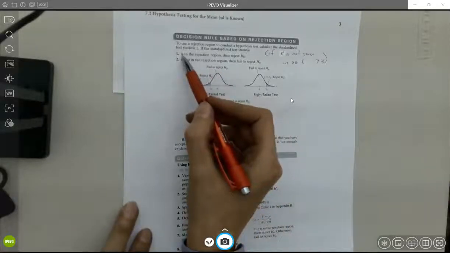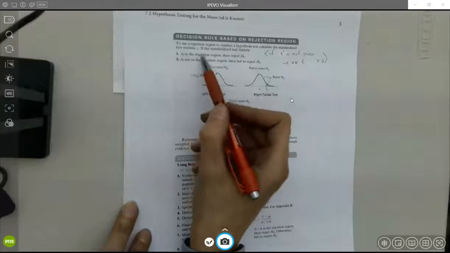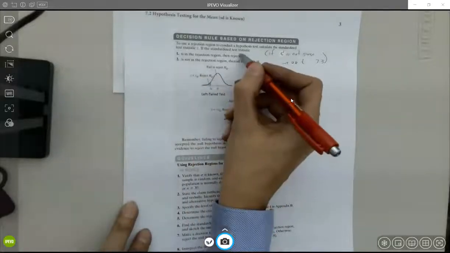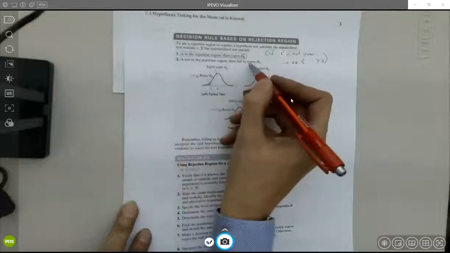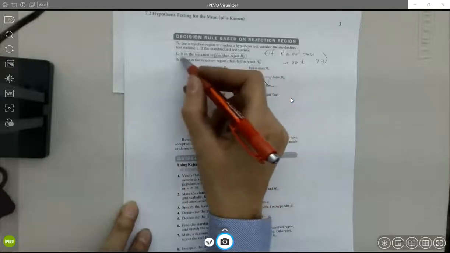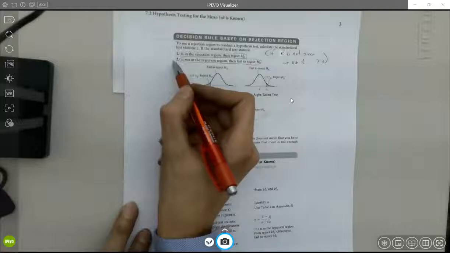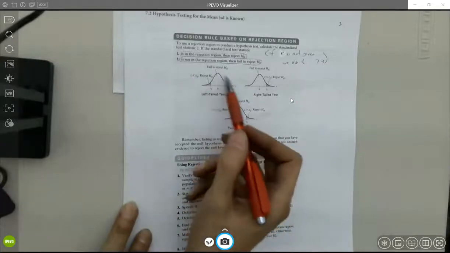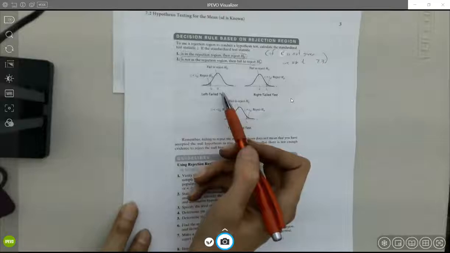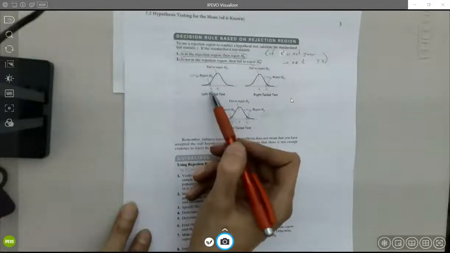So if this z or standardized test statistic is in the rejection region, we reject the null hypothesis. If not, we fail to reject the null hypothesis. Either the first one or the second one, not both. So take a look at the left-tailed graph. Left-tailed test, z sub 0 is your critical value.